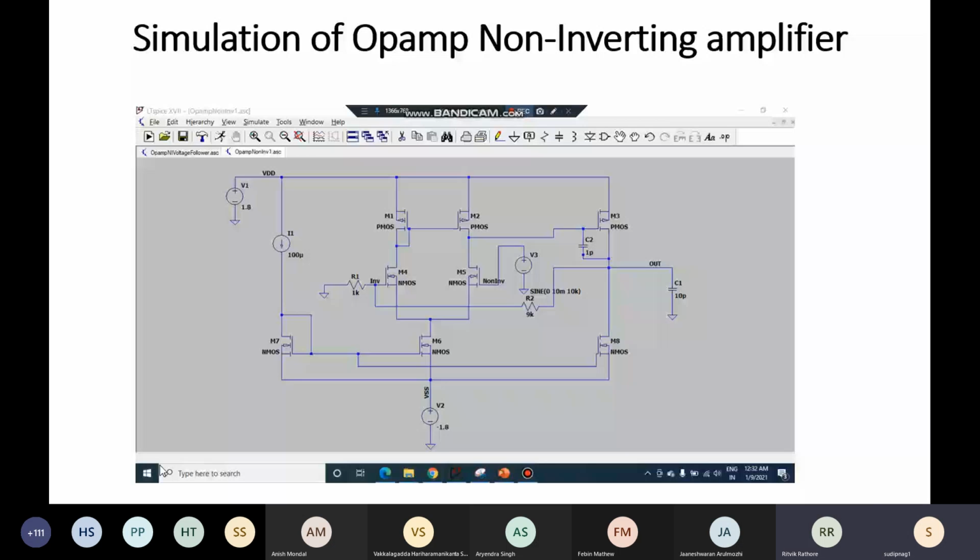That means your op amp will not now and then go to saturation and come back. Suppose a slight glitch comes from the input, and that will be amplified by the first stage, and then the second stage amplifies it further, because the product of the gain of these two stages is the final gain in open loop configuration.